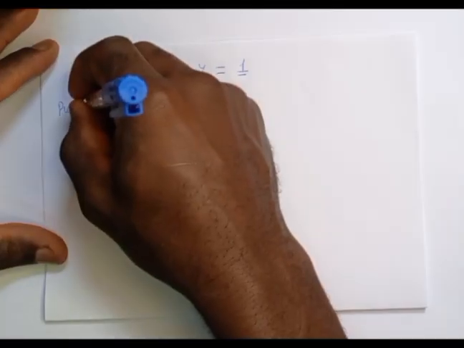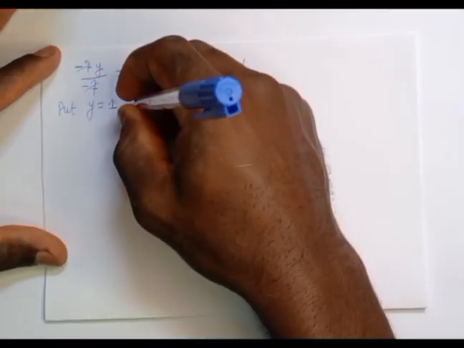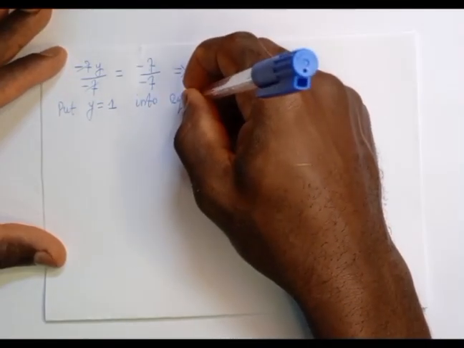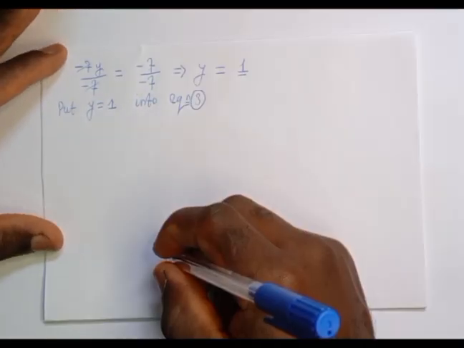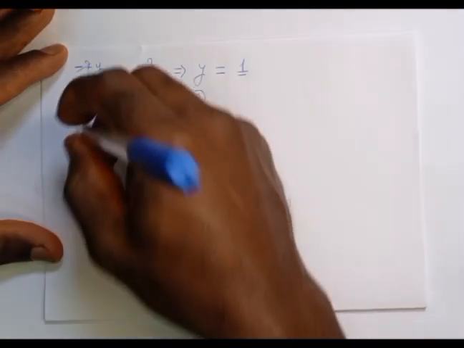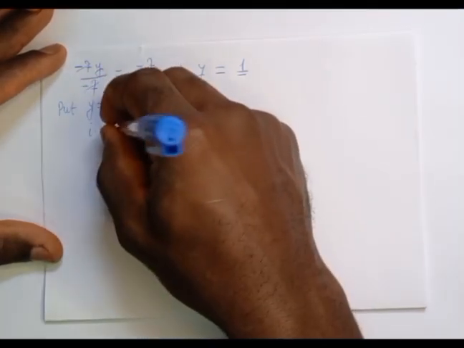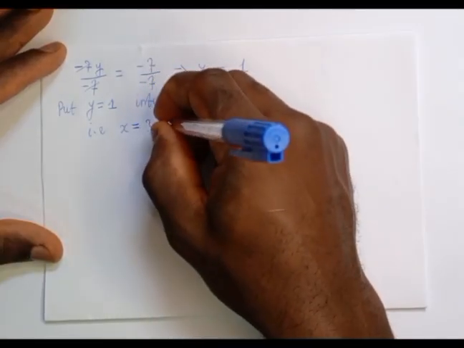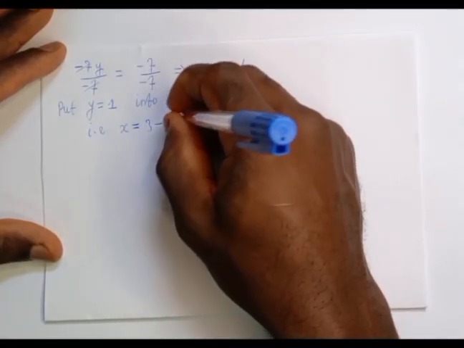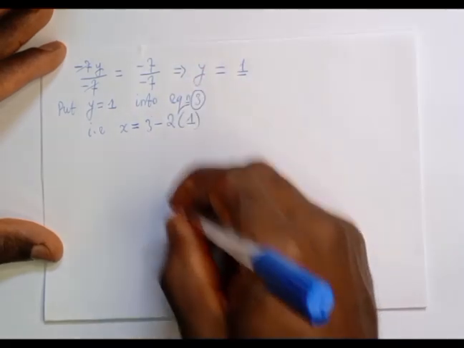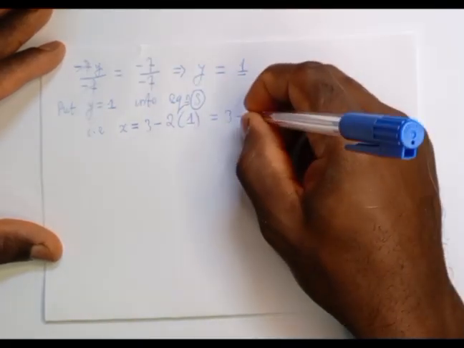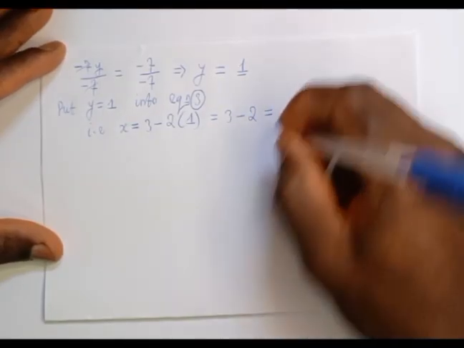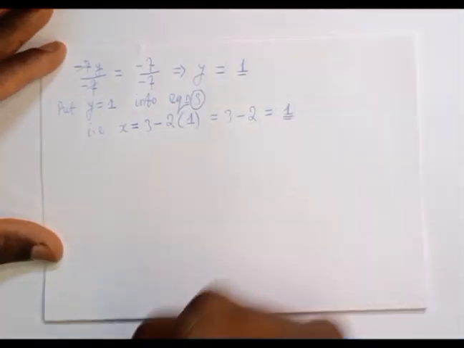Next, we put y = 1 into equation 3, where we made x the subject, that is x = 3 − 2y. Replacing y with 1, this is 3 − 2 times 1, which is 3 − 2, giving 1. This is the value of x.